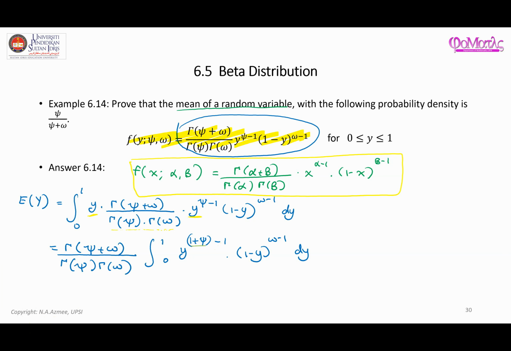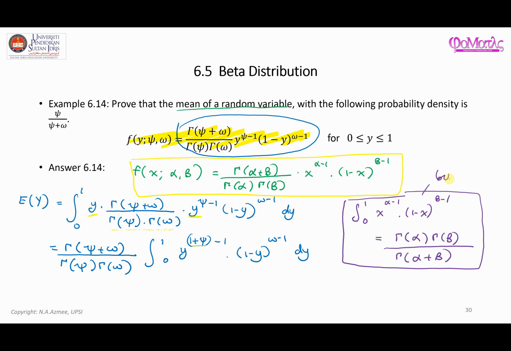If you have this integral of x to the alpha minus 1, 1 minus x to the beta minus 1, the result is equal to this here. So this is the beta function. And if you are able to manipulate this information, we don't need to integrate this process. Instead, we just apply the result straight away.